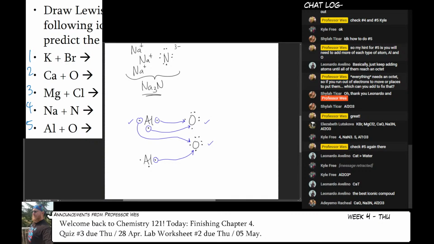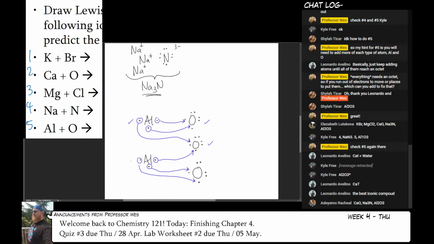But now I have 2 electrons that are left over, and I need to put those somewhere too. So I need another oxygen. And you just keep doing this until everything has all of the electrons it needs for an octet, or has removed all of its electrons to get to its 0, which again is the octet.